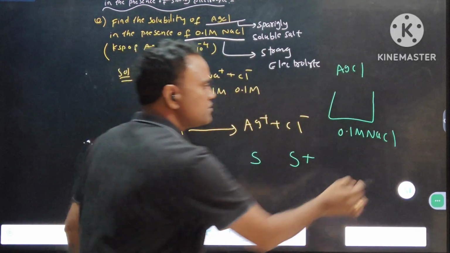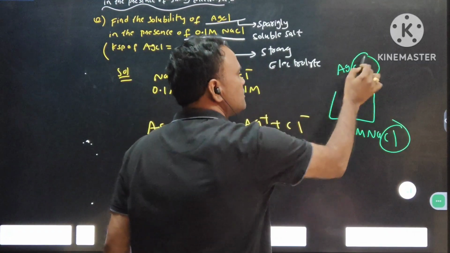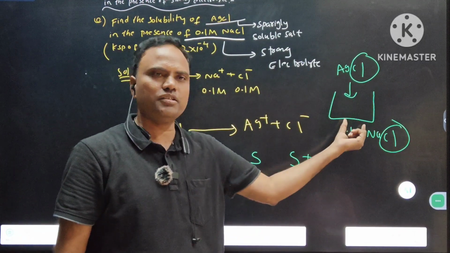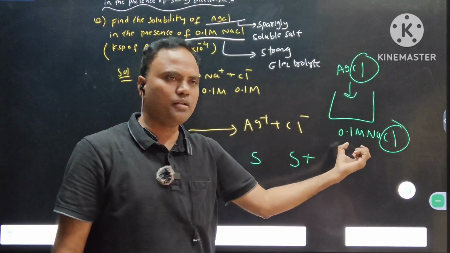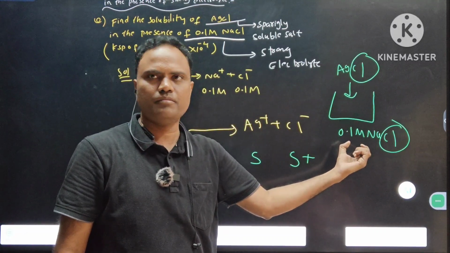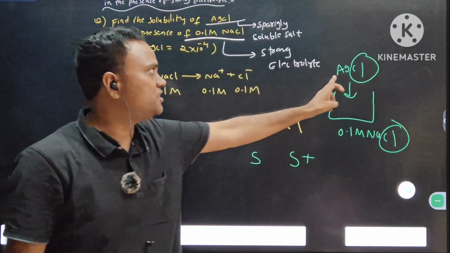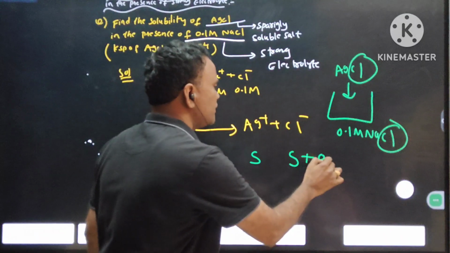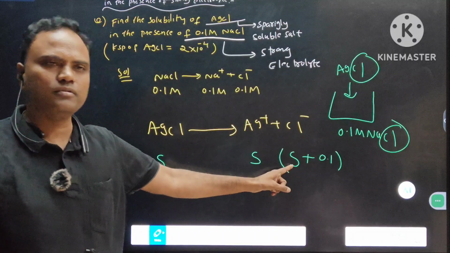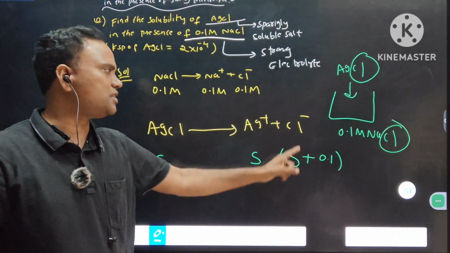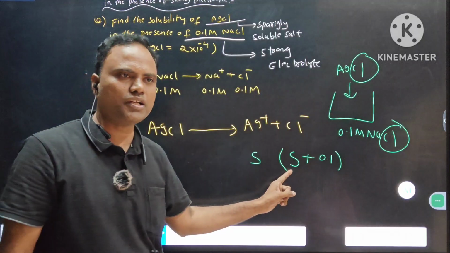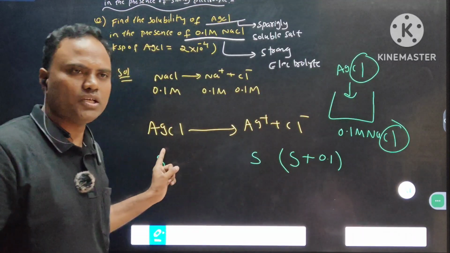Cl minus ions are coming from NaCl and Cl minus ions are coming from AgCl also. Already Cl minus ions are present in the beaker, and again Cl minus ions are coming, right? But this is a weak electrolyte, so we can ignore S, because S is the concentration of chloride ions from AgCl.